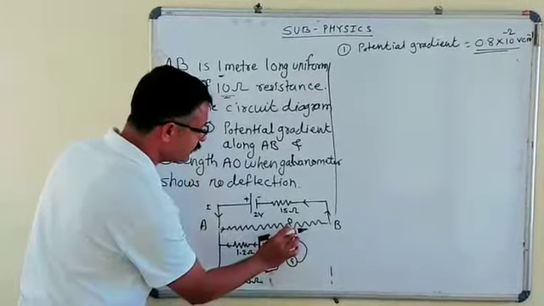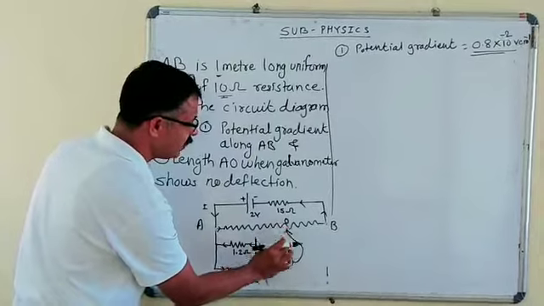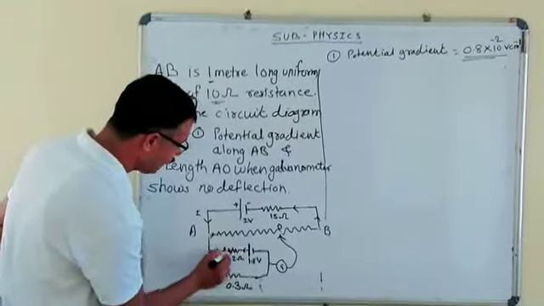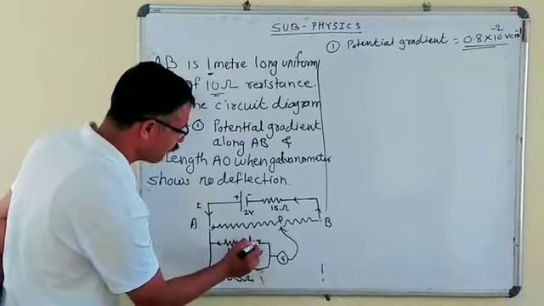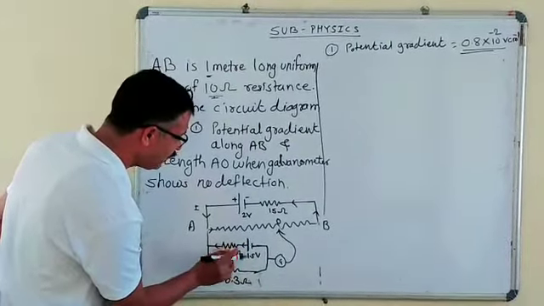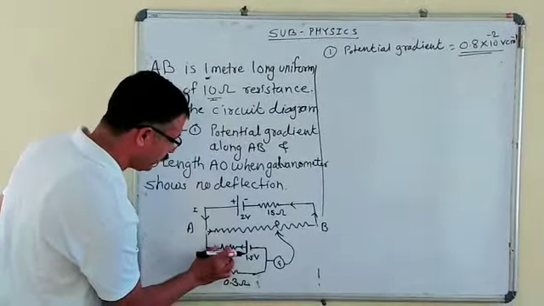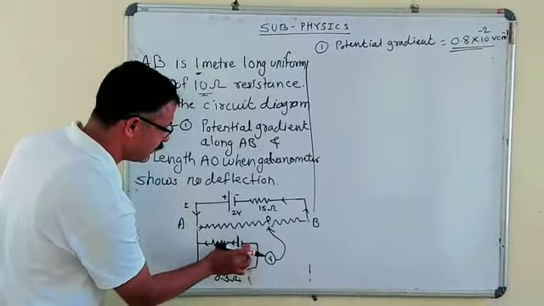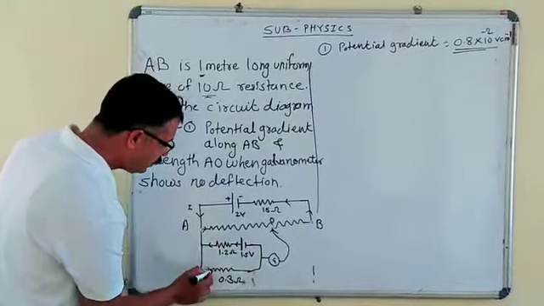Now let us consider that the galvanometer is not touched to O. At that time, what happened? This circuit is completely closed. Current flows through this battery, the 1.2 ohm resistor, then the 0.3 ohm resistor, and the circuit is completed. Our duty is to determine the potential difference across this 0.3 ohm resistor.